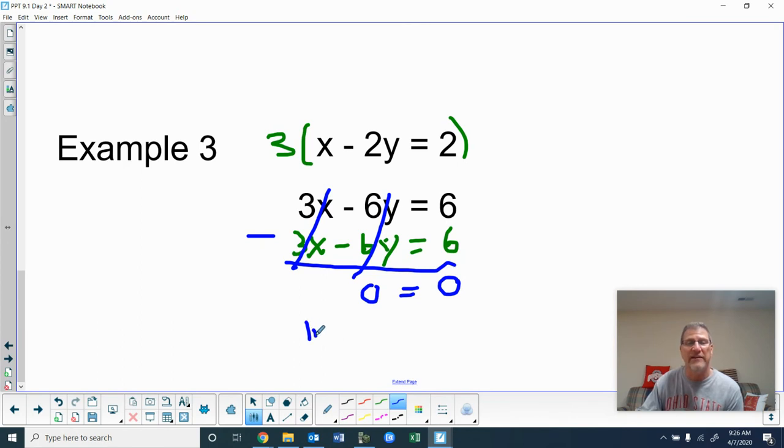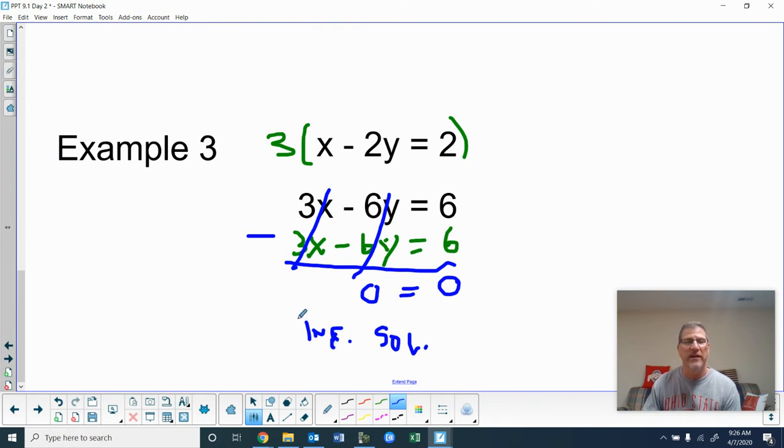So we call that an identity. So infinite solutions. So whatever we pick for x, then we can solve for y, and we'll get the right answer in both equations. All right. So sometimes that's going to happen, just like for substitution.